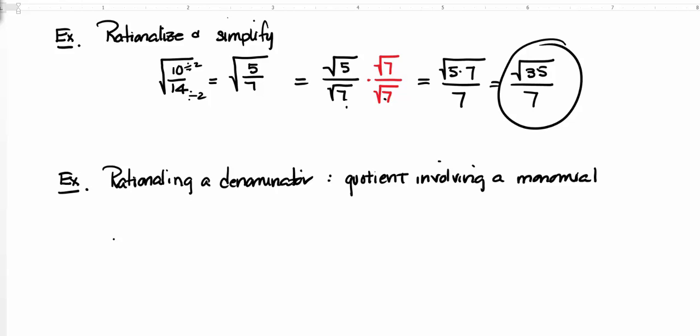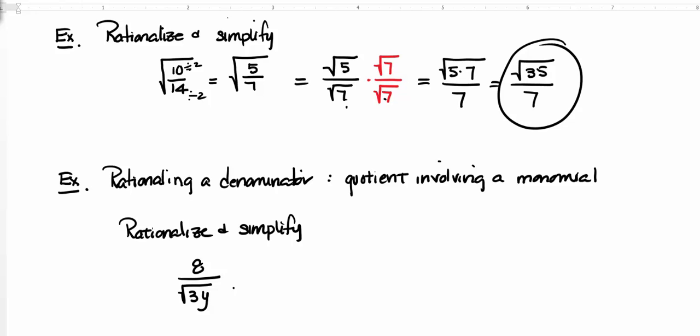Okay, so let's try this. Rationalize and simplify 8 divided by the square root of 3y. Okay, there's nothing really special going on here. This is just like another quotient with a square root in it.